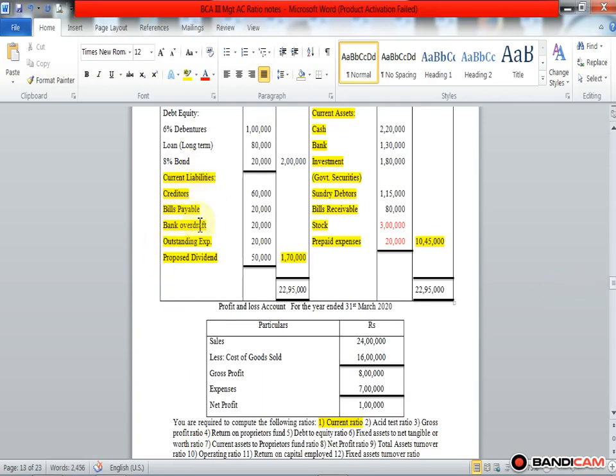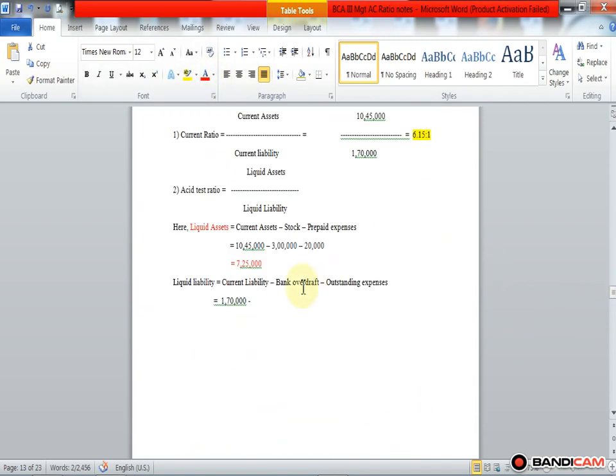1,70,000 minus bank overdraft. Here 20,000 is bank overdraft, which is given in the problem. These 20,000 are deducted from 1,70,000, less outstanding expenses.